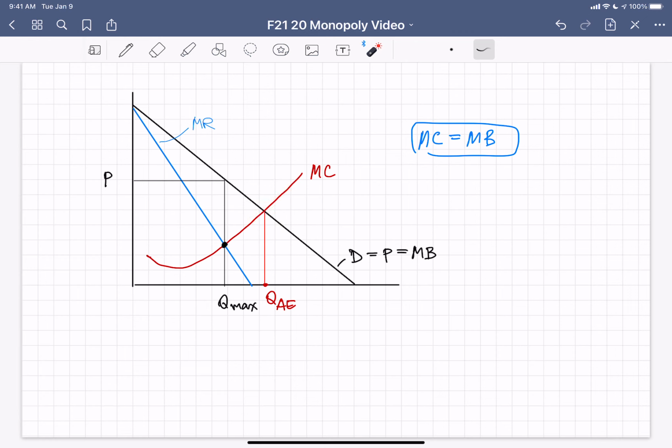Therefore, the monopoly will produce less, and that will result in deadweight loss. Deadweight loss from the lost total surplus, because monopoly will fail to produce these units, and therefore this total surplus will be lost, and therefore it will generate what we know as deadweight loss.